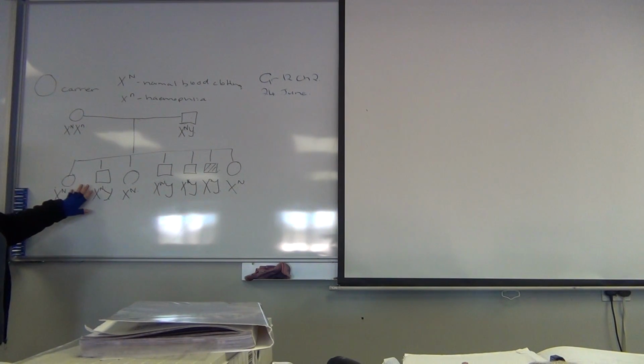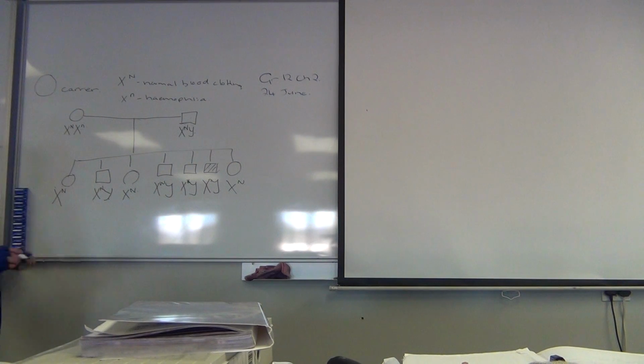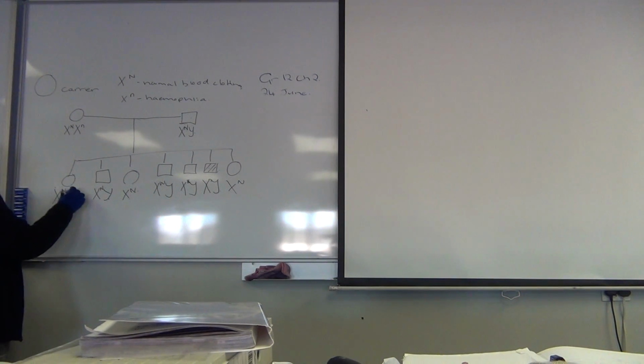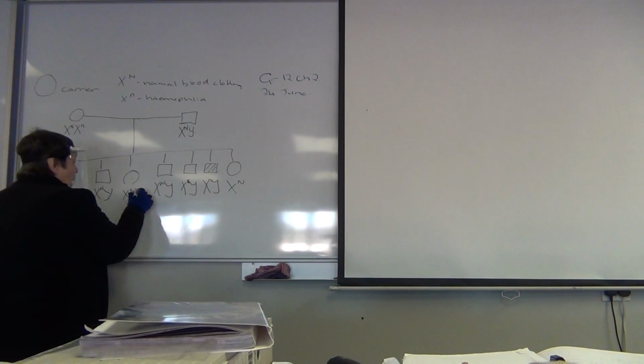Because they're not showing you whether they're carriers or not, you have to put both those options: X big N or X little n, because you cannot tell what these are.